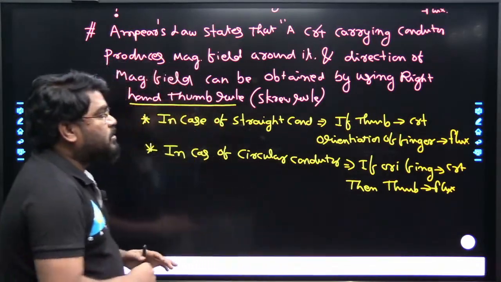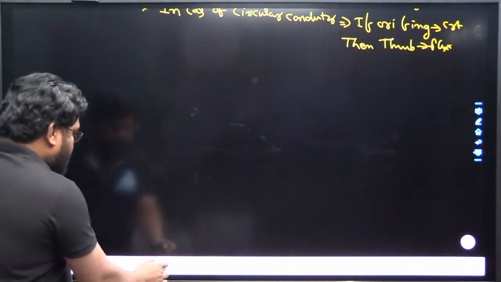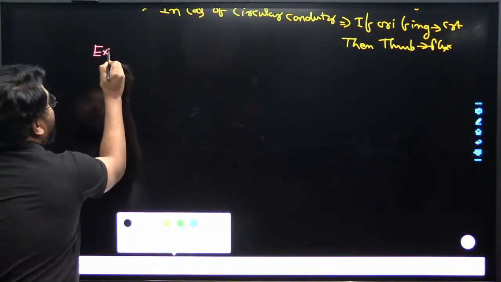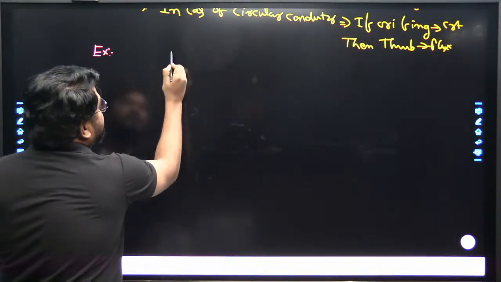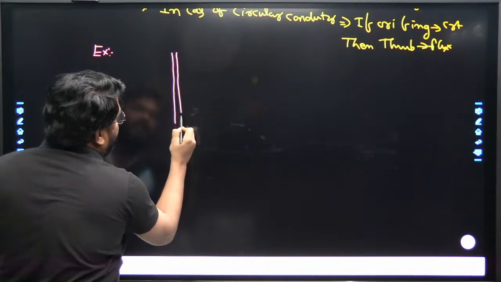So next, let us take an example. We have one straight conductor here.